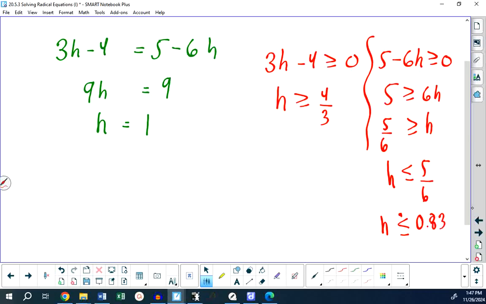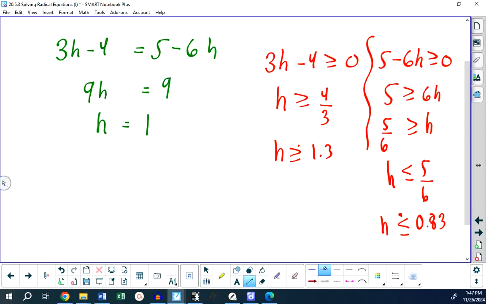Is 5 over 6 about 0.83? Correct? What is this saying for h, for the value of h that you were allowed to put in?